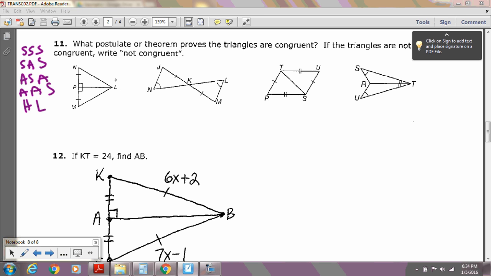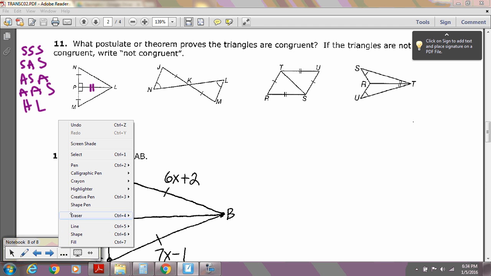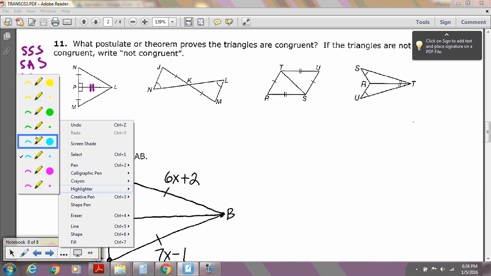So when I look at the first set of triangles, you have triangle NPL and MPL. Since both triangles share PL, that side is congruent automatically. So if I look at NPL, go down the single side, there's an included angle, and then another congruent side.